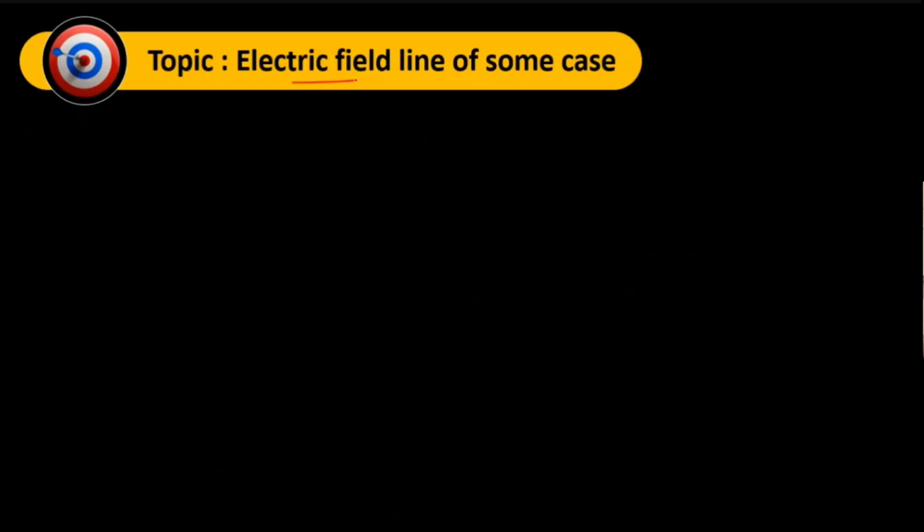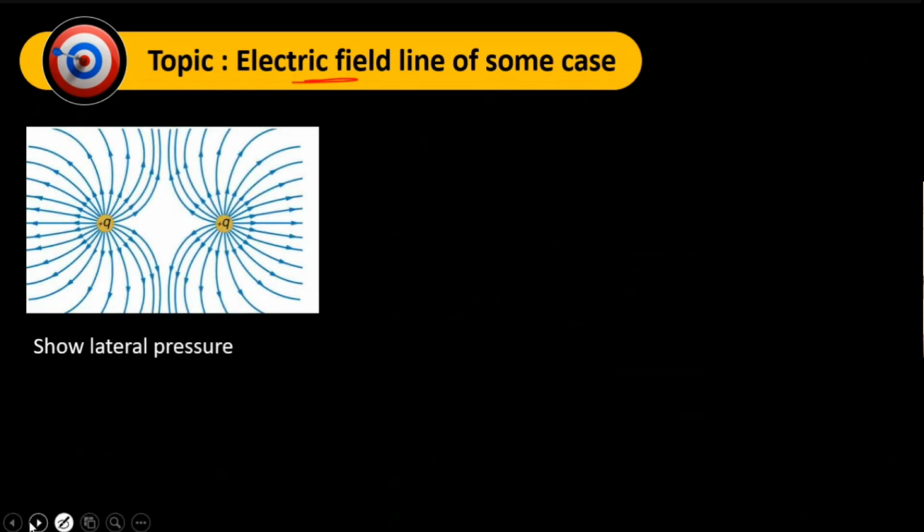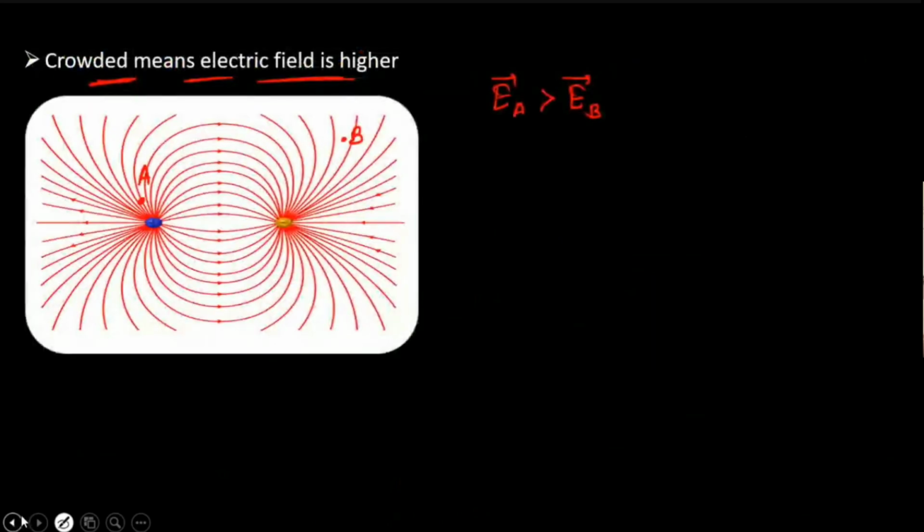Wait, are the lines in A closer than in B? Yeah, because the number of field lines in a particular unit area increases, so the field intensity also increases. If the number of field lines through a unit area is less, then the field strength is also less.